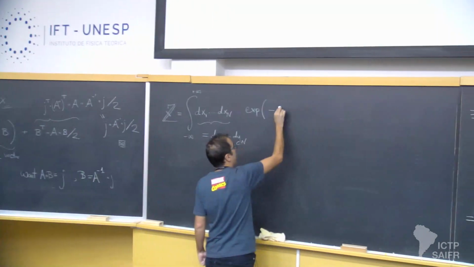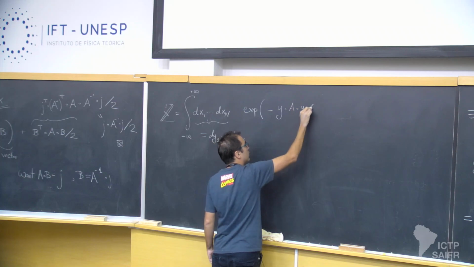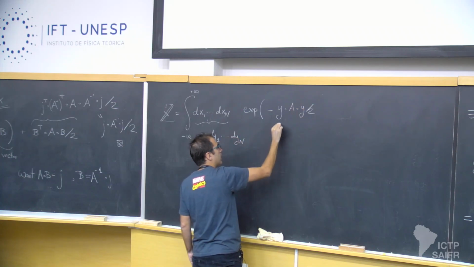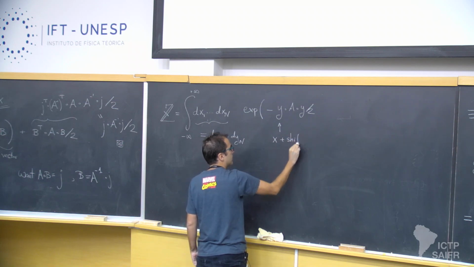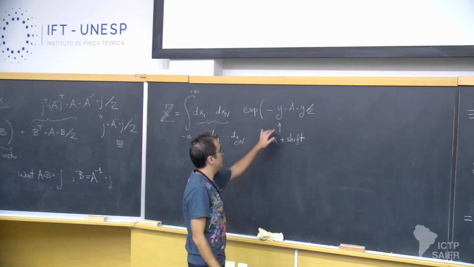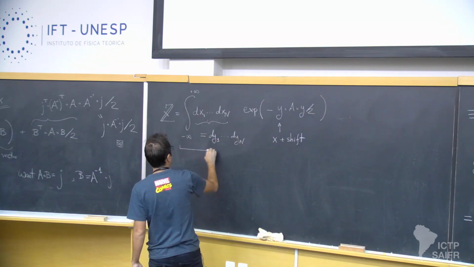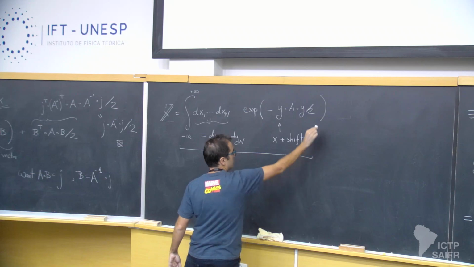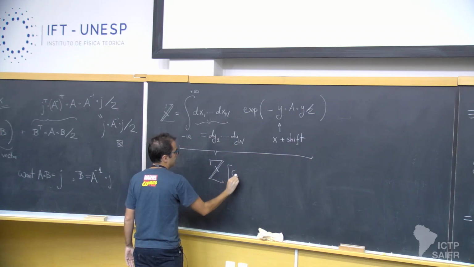Exponential of minus y dot a dot y over 2, right? Where y is x plus some shift. The shift we just computed, but it doesn't matter because this integral here is by definition z of 0.